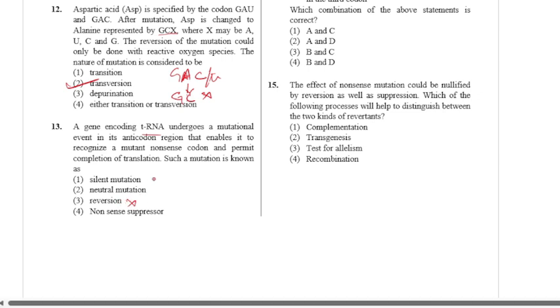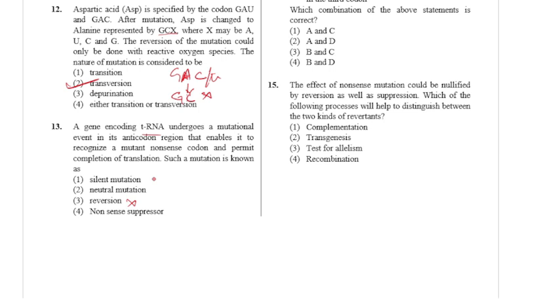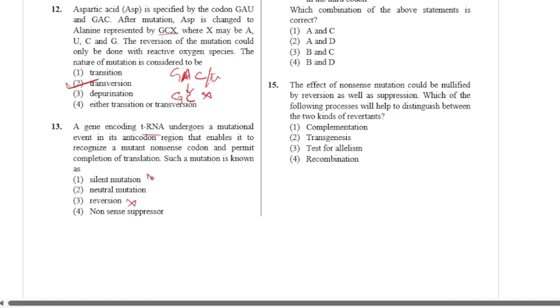Reversion is when there is a mutation, and a second mutation is made, and the previous wild type sequence is regained. This is also not a silent mutation, and not a neutral mutation. This is a perfect example of nonsense suppression.